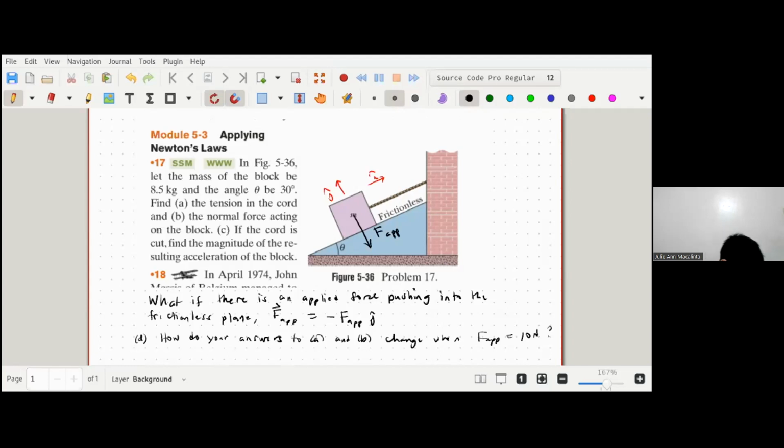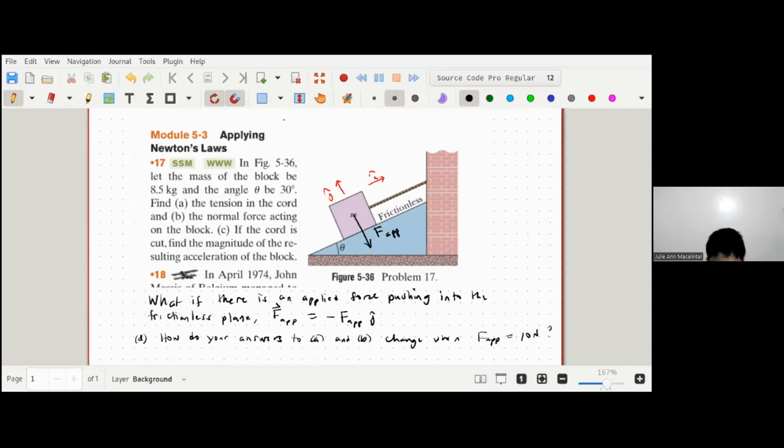So, ngayon, F applied is going downward. Negative of something na going downward becomes? Yung dinrawing ko, yan yung direction kapag positive yung F applied. Anong mangyayari sa direction ng vector na F applied kapag negative yung F applied?